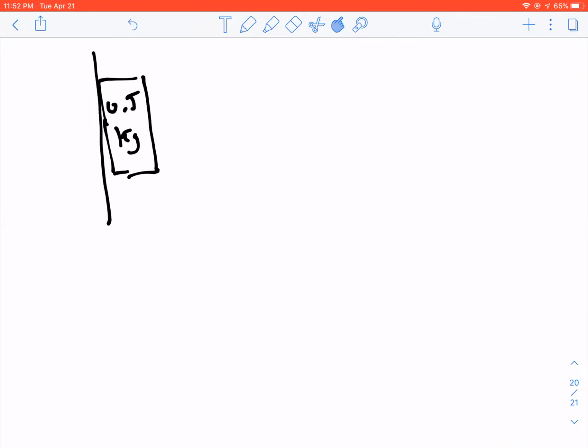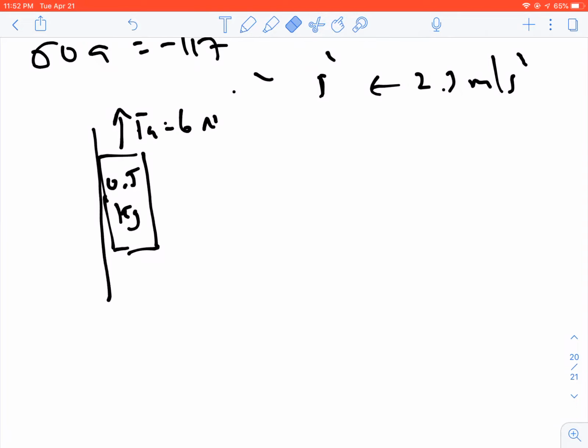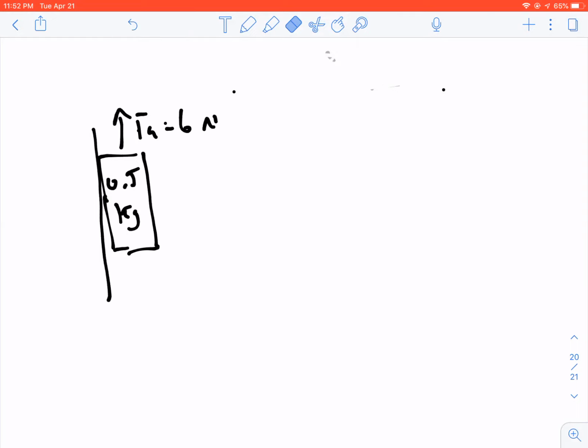Okay, let me just slide this down a bit here. Let me get rid of some of that stuff from before. So I'm pushing on it with 6 newtons up, and I'm pushing on it with 2 newtons towards the wall.